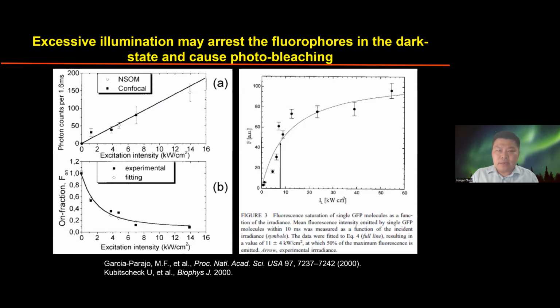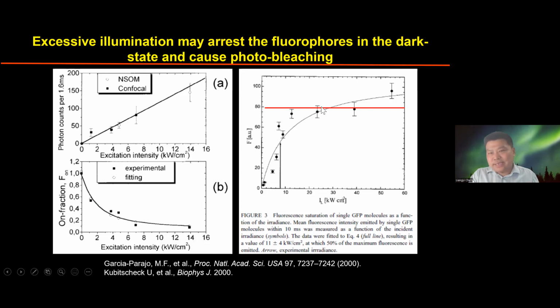The reason is because we think at that time, the number of photons, the photon flux, would be saturated, as the example shown here. When we increase the excitation intensity, you see more and more fluorophores go from the on fraction to the off fraction. Correspondingly, if you look at the right, as we increase the illumination, we did not linearly increase the fluorescence intensity.